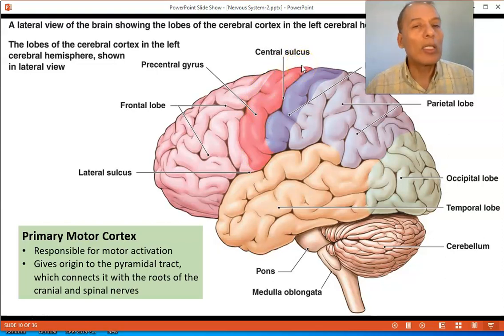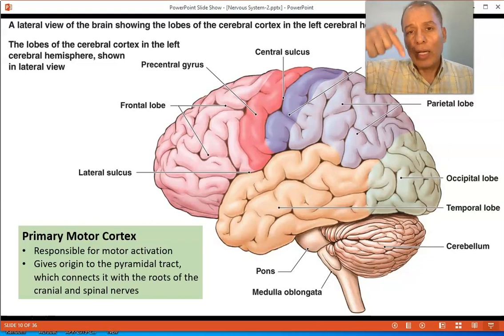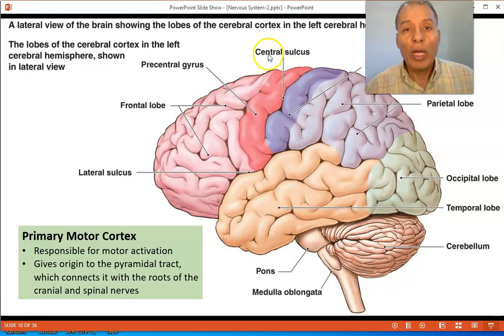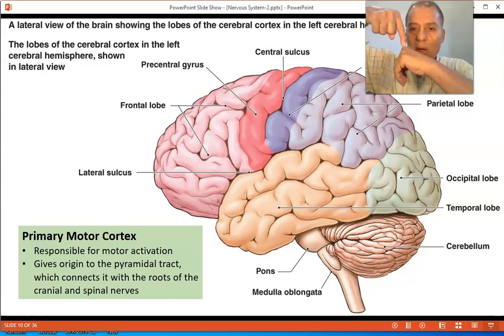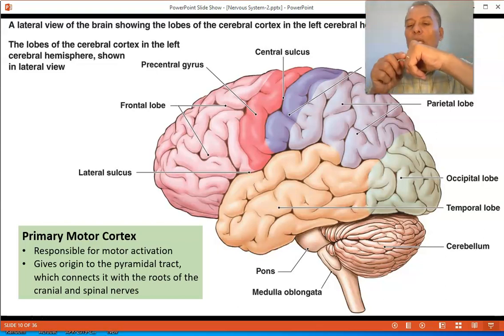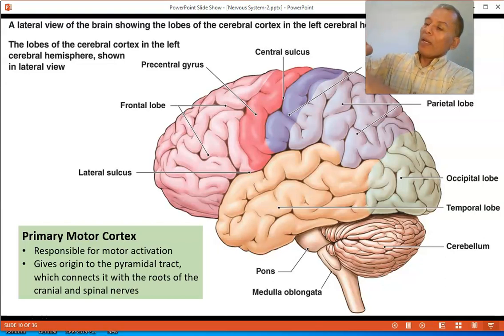You can think about it as a switchboard: every part of your body that you can move has a button that activates it and makes it move. This is how it is organized: imagine a little man sitting on the top part of the motor cortex, dangling his feet in between and leaning back down this way.